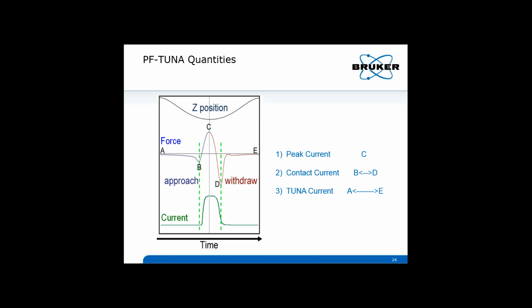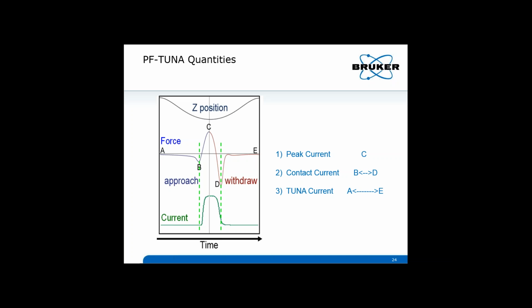And we call this point C the peak force point. After we reach the peak force point, we withdraw the Z piezo, and the force becomes smaller and smaller until it reaches the negative region. At point D, the probe is pulled off from the sample surface, and this is also called the pull-off point. When the Z piezo moves further away from the sample surface, at point E, this is one cycle completed.